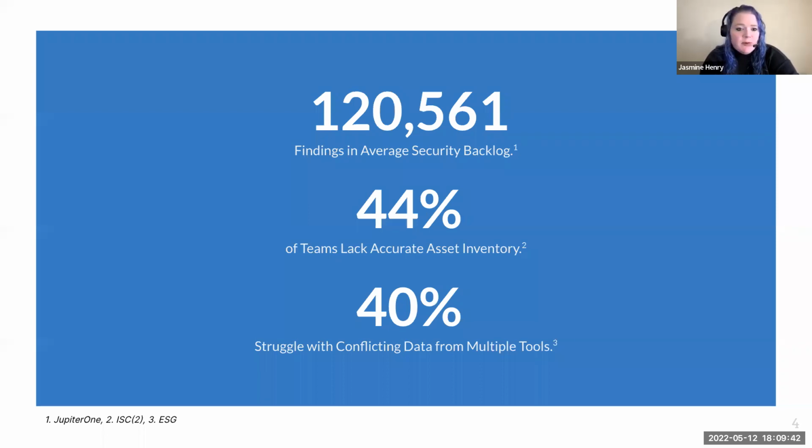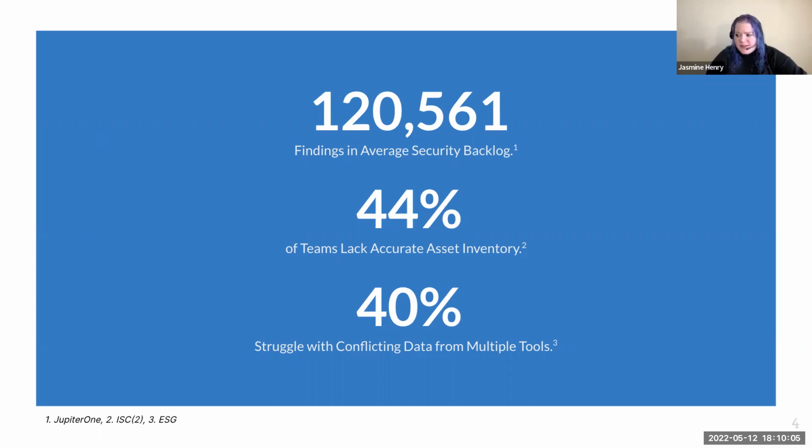When I share this number with my peers who work in security, I get two reactions. One of them is yup, and the other one is, oh, that sounds low. So there's obviously a problem where we have tons of findings to investigate, and we're not getting to the bottom of our list at any point.